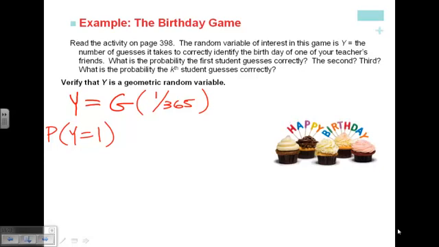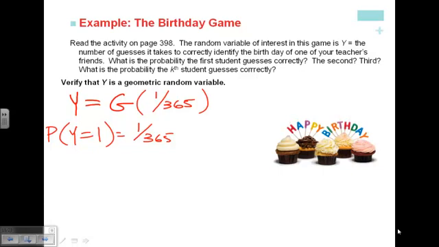As compared to the way we just did it, we're doing it a new way. Perry makes his guess. No one knows what he guesses. And I say, did Perry get it right? Yes or no? What's the probability that Perry gets it right? 1 over 365, says Cody. Does that sound good to you? Okay. The probability it was guessed correctly on the very first trial is 1 over 365.